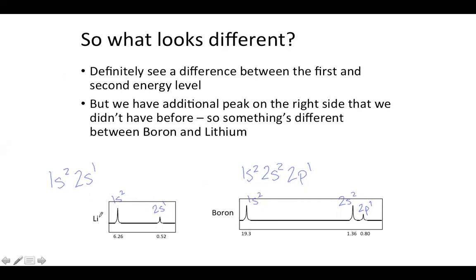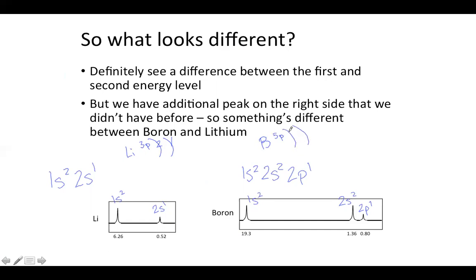Now, to do that, let's look again at what's different between those 2 atoms. Lithium has 3 protons in its nucleus, and boron has 5 protons in its nucleus.